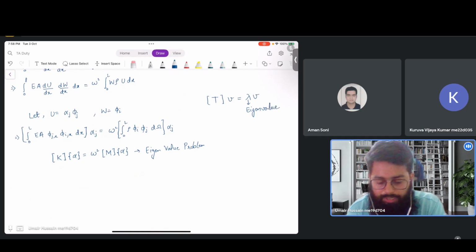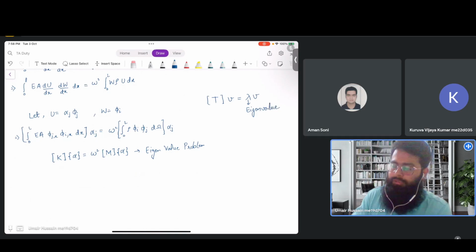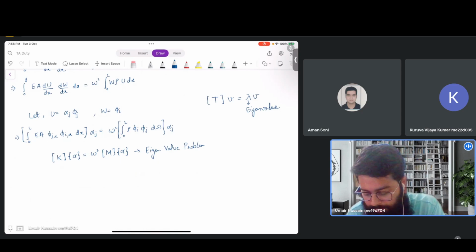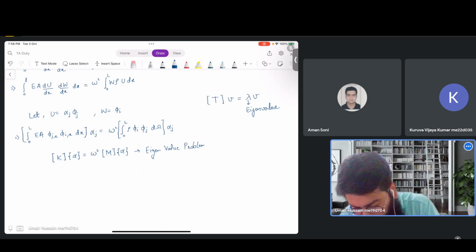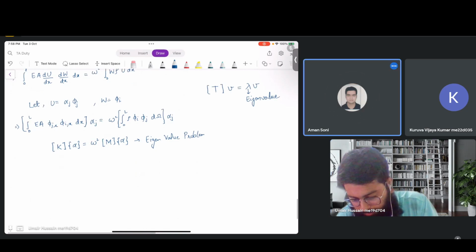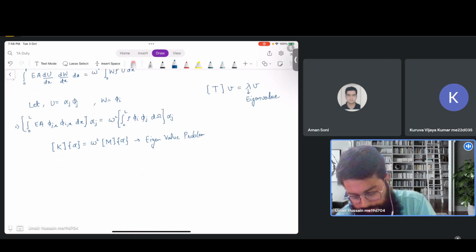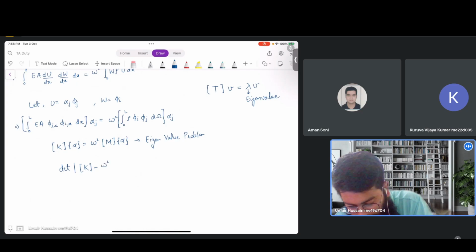This is talking in terms of linear algebra, but in a physical system, lambda determines the characteristic of the system. So this here becomes the eigenvalue problem, and if we want to find the eigenvalue, we just need to calculate the determinant of k minus omega square m.